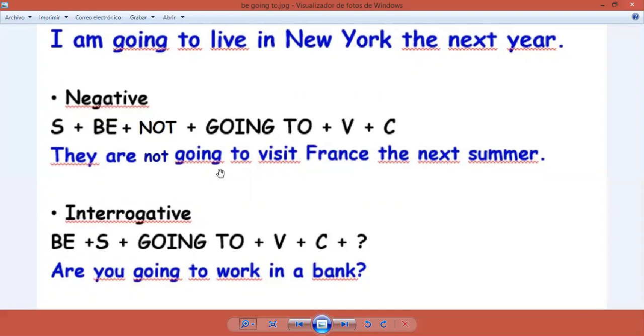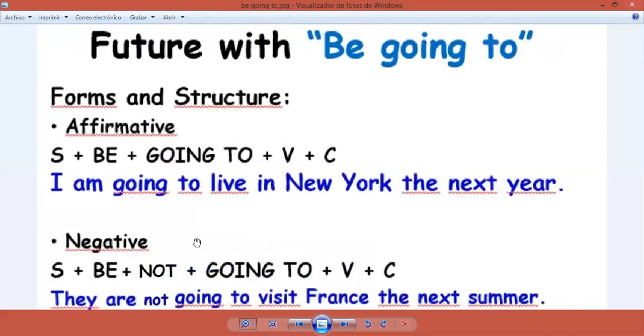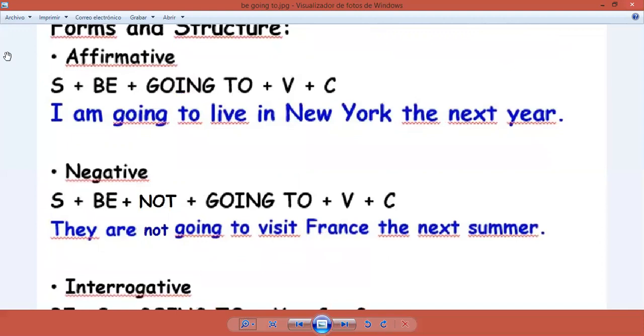Are you going to work in a bank? Thank you so much. Okay, so if you see, we have affirmative, negative, and question form. Also we use going to as an auxiliary. Okay, going to is the auxiliary. So any question right now?